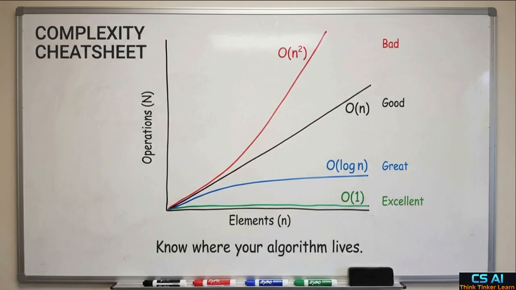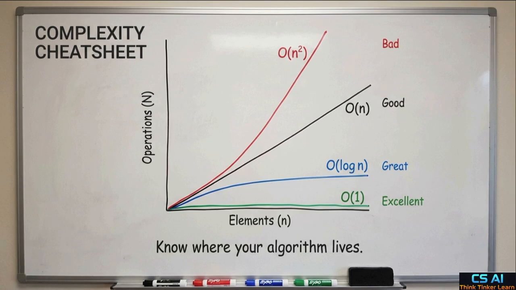This brings us to the complexity cheat sheet. The graph is your map to the world of algorithms. You need to know where your algorithm lives. O(1) is excellent, instantaneous. O(log n) is great. We'll cover this with binary search. It means you can double your input and it only takes one more step.